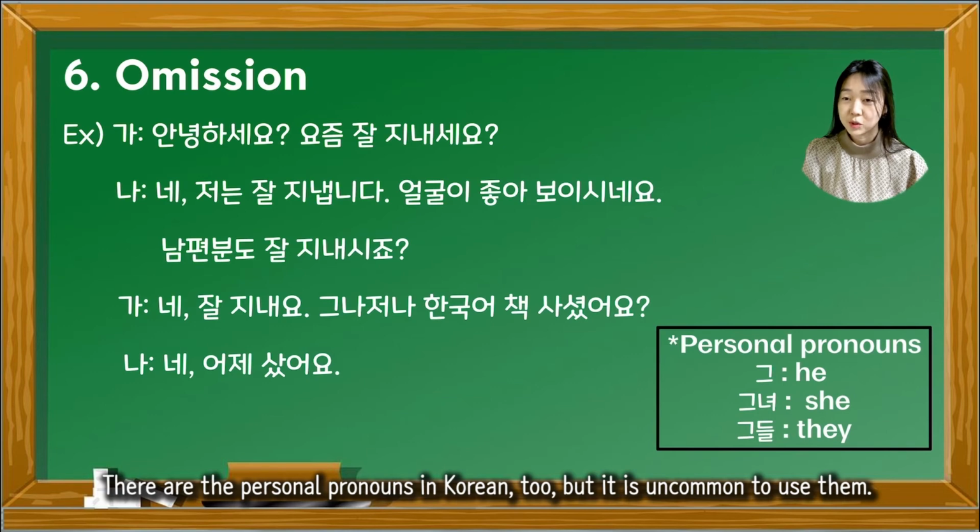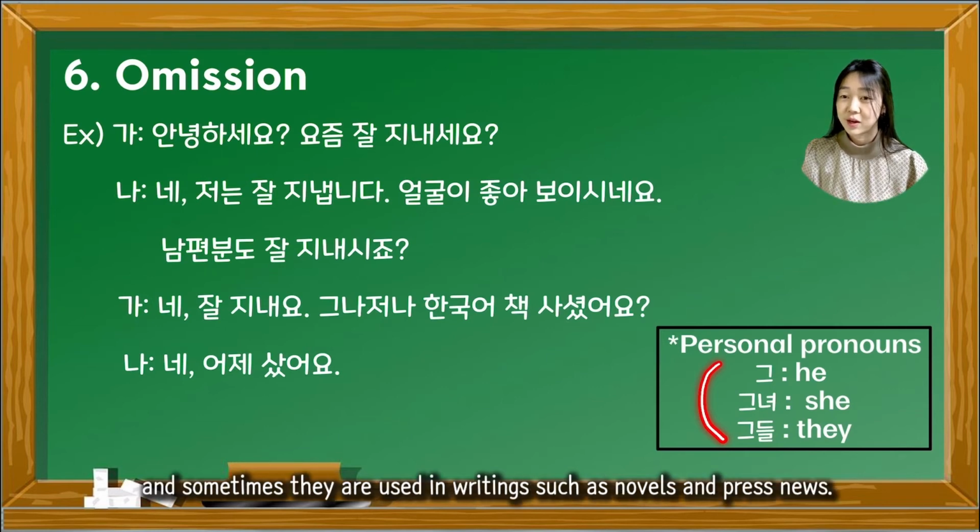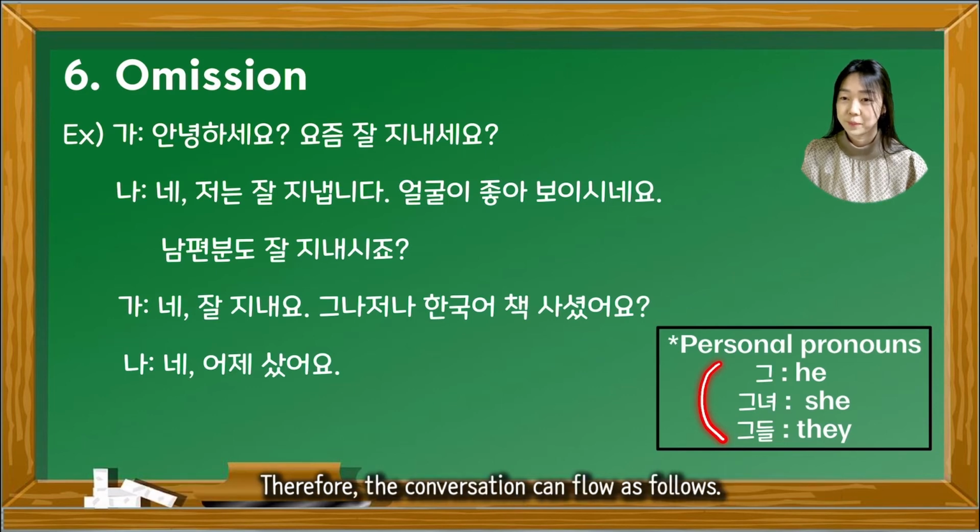There are personal pronouns in Korean too, but it is uncommon to use them. If you use them in conversation, it feels very awkward, and sometimes they are used in writings such as novels and press news. Therefore, the conversation can flow as follows.